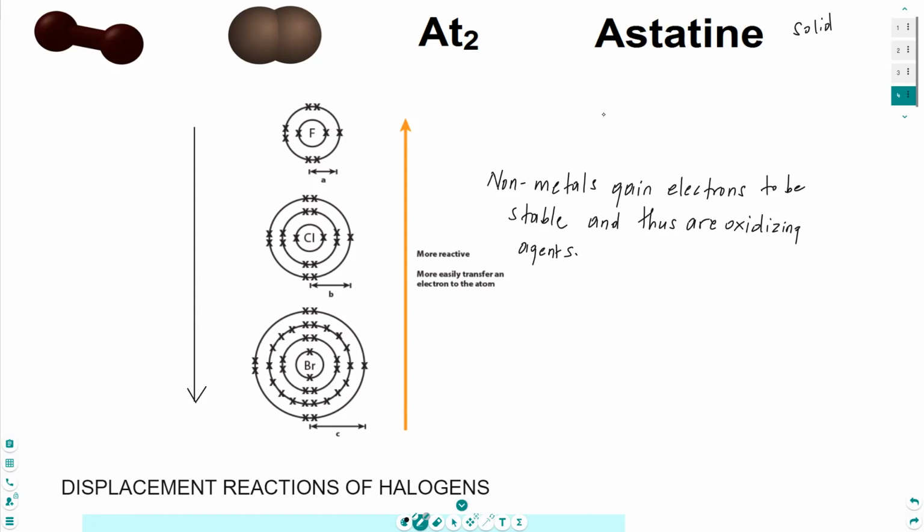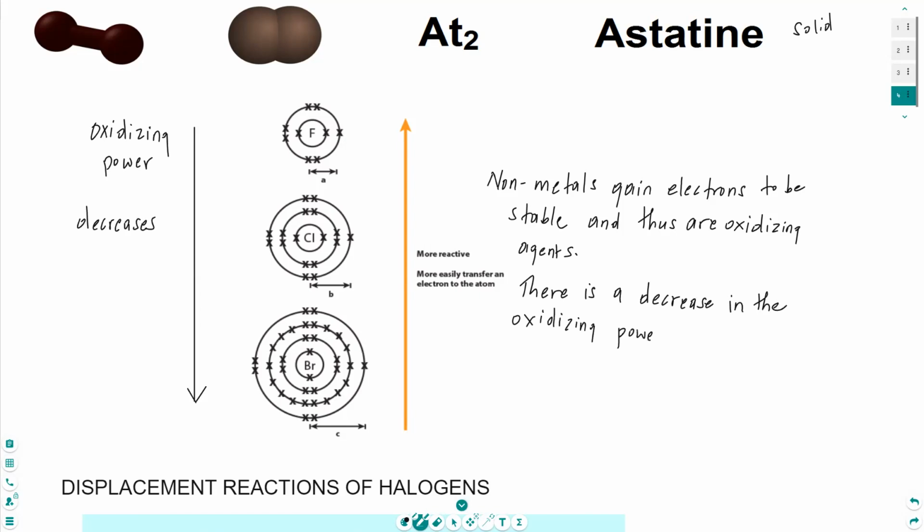So if I were to be looking at the oxidizing power, it would decrease as we go down, okay? Because as we go down, it's more difficult for them to gain electrons. So there is a decrease in the oxidizing power as we go down group 7.